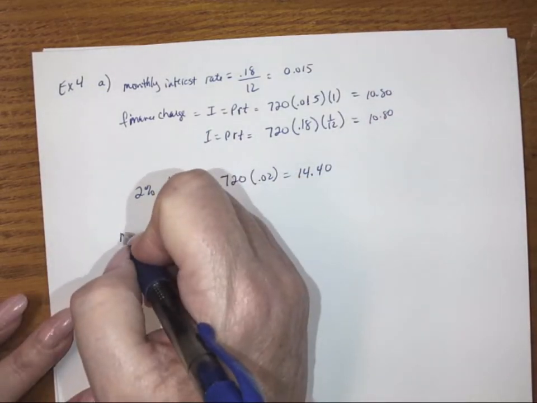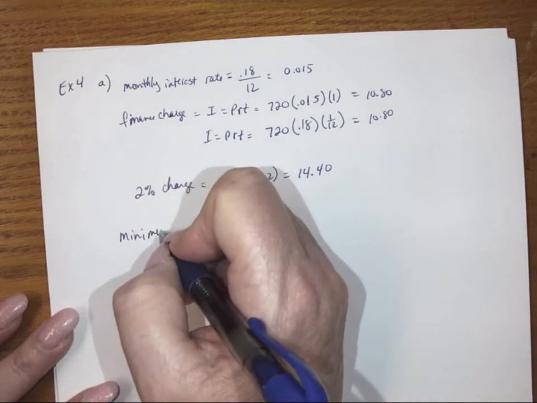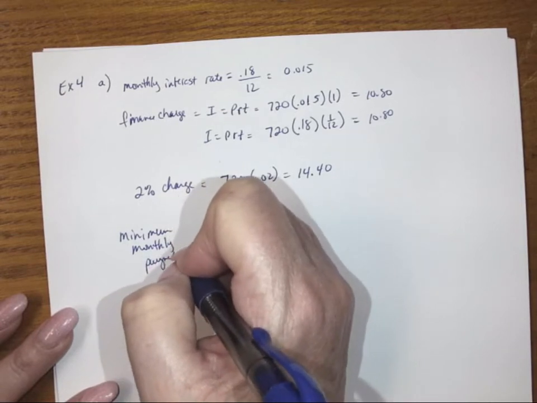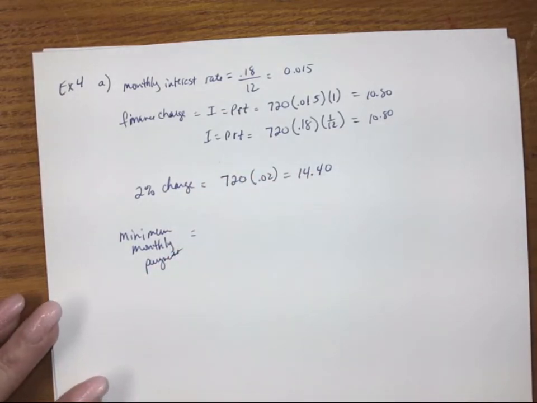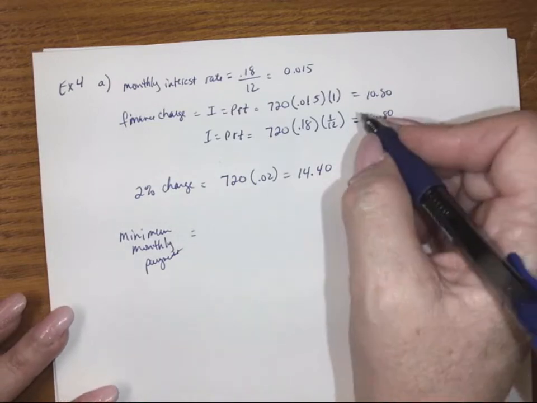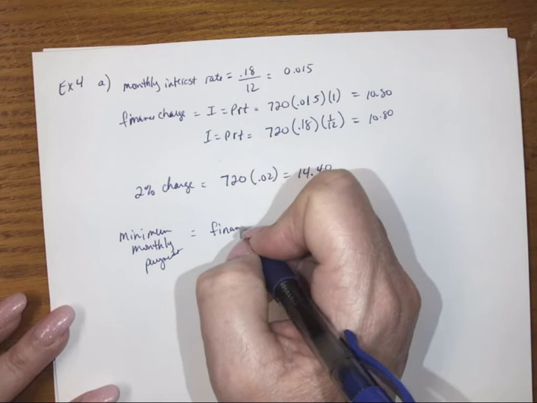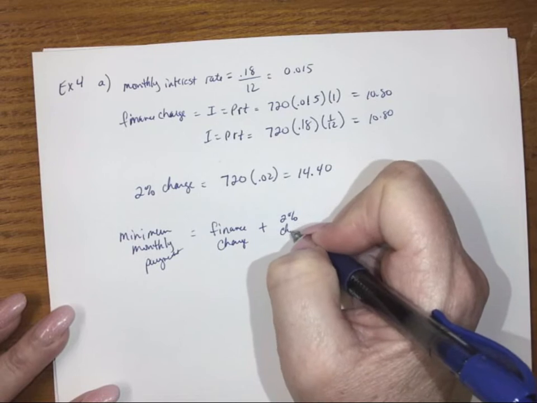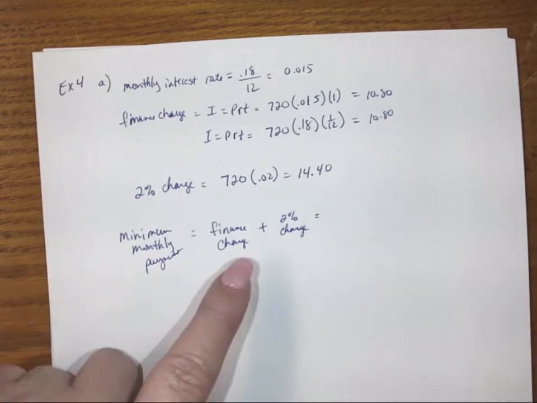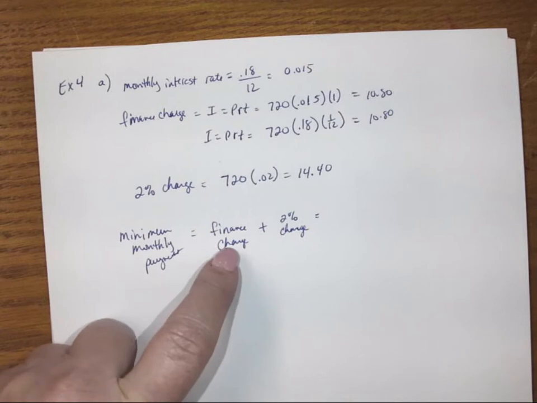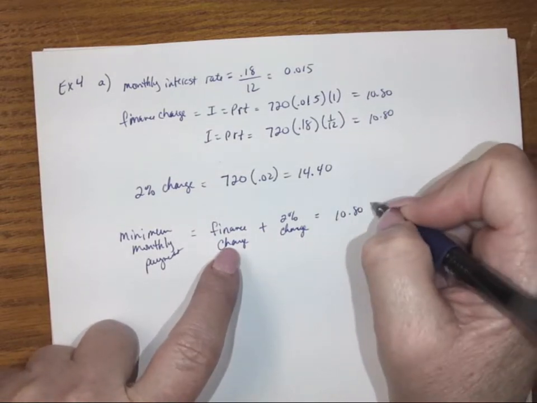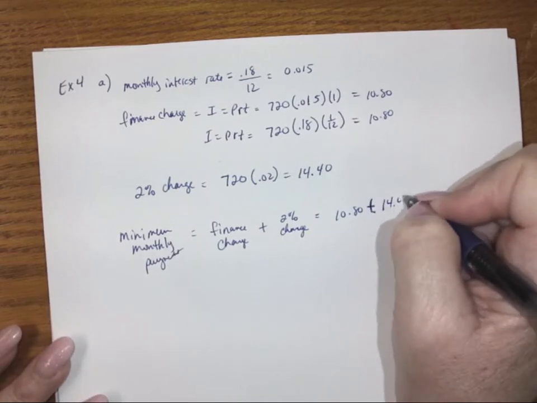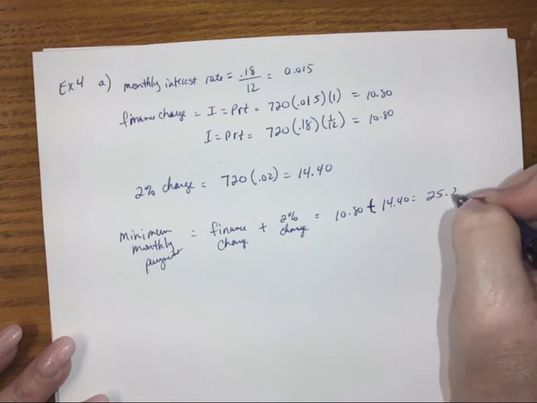So our minimum monthly payment will be equal to the interest, the finance charge, plus the 2% charge. Because they want you to be paying something, not just the interest, but they want you to pay a certain part of your balance. So this will be $10.80 for the interest plus our $14.40. And that'll get us $25.20.